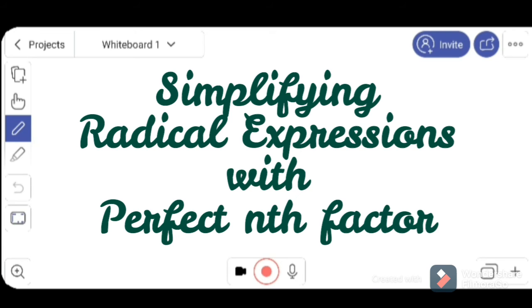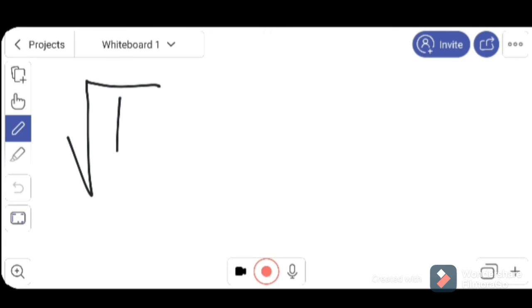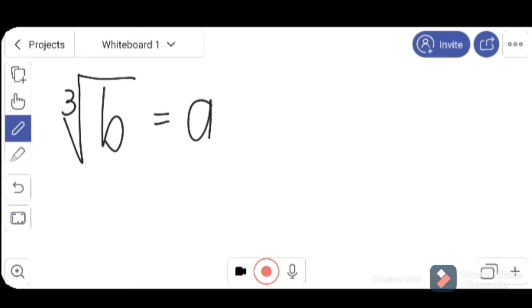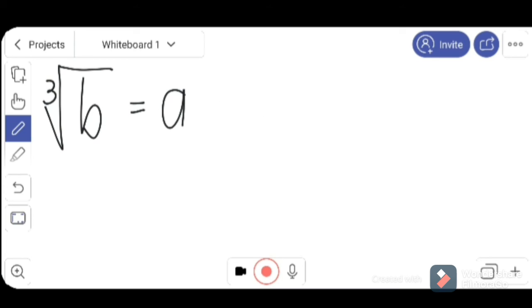Cube root. The cube root of b is denoted by this symbol, the cube root of b. And the answer to this is a, if and only if a is multiplied by itself 3 times. Let's find the cube root of 8.